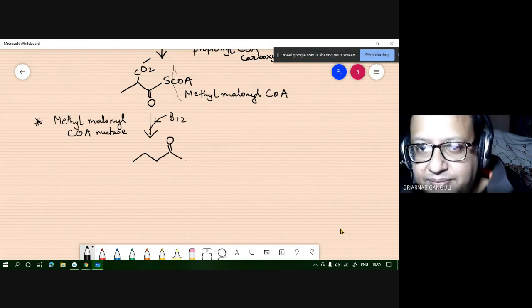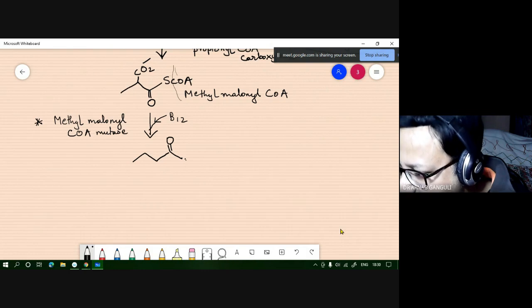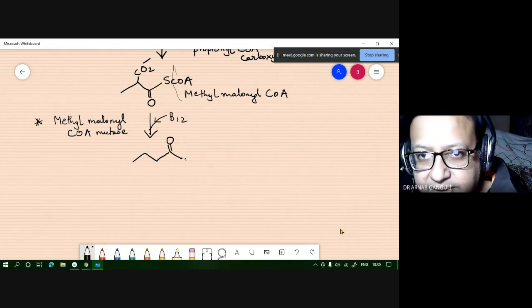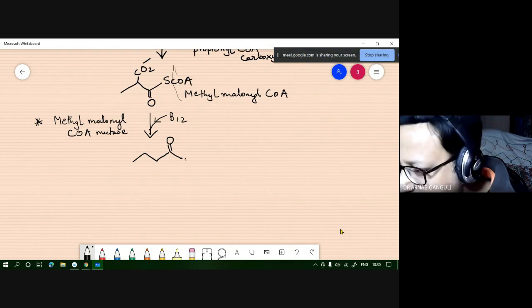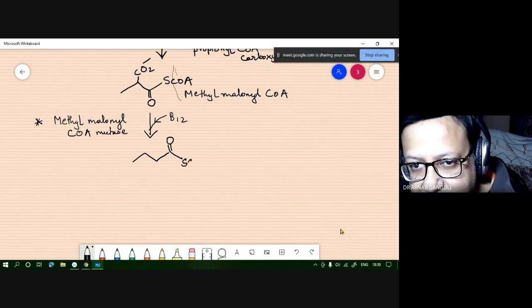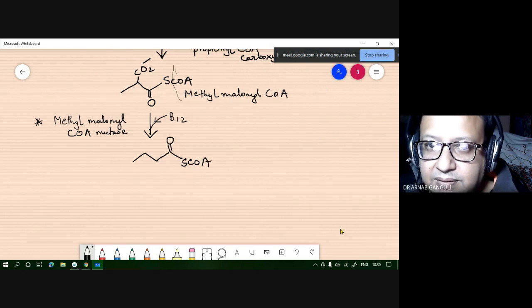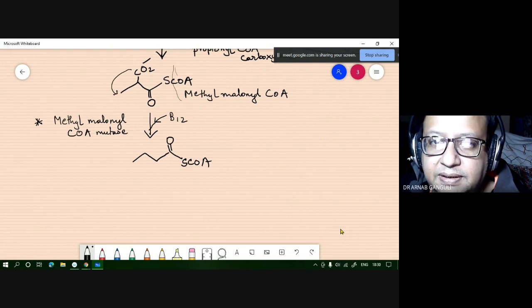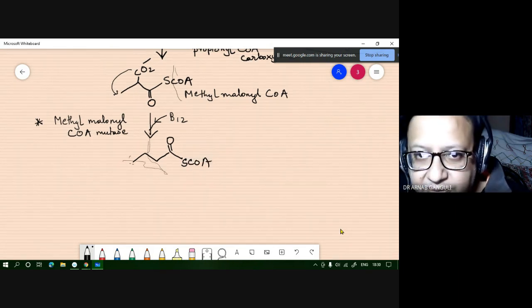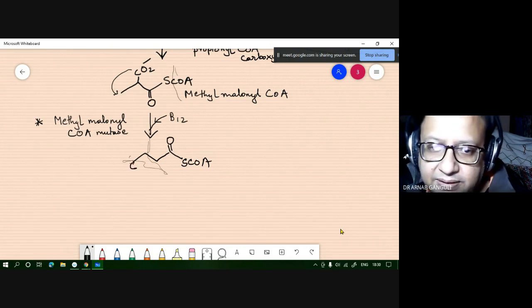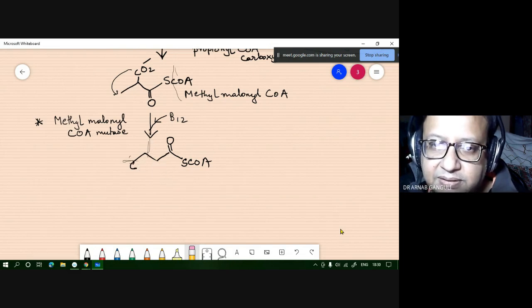I flipped this a little. This carbon dioxide gets attached over here. We have flipped this and this comes over here. One extra carbon has been added over here. Essentially I'm drawing the carbon here.